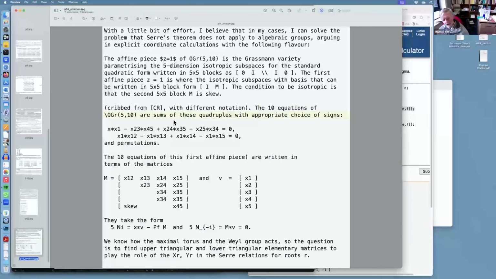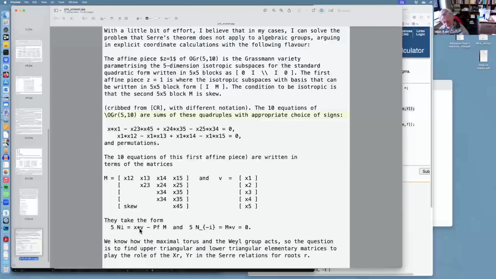There are 10 equations, of which 5 are written in this special form. One of the variables, that's Z in my current talk, but it was X in my talk 15 years ago.